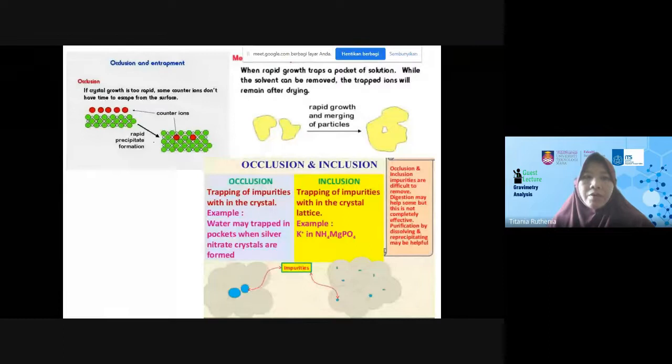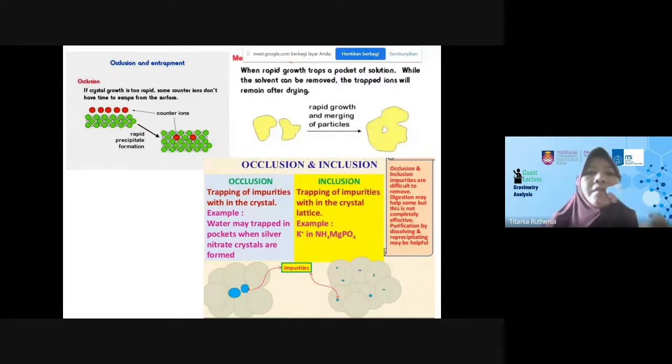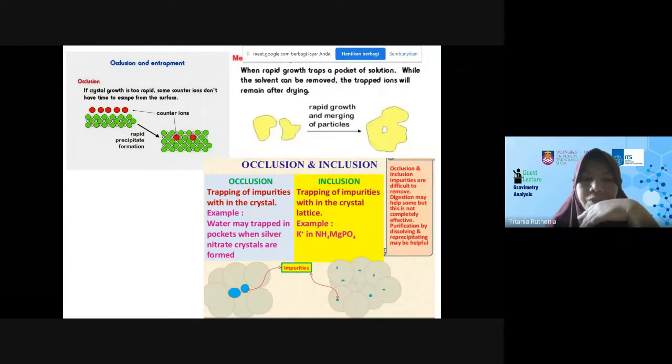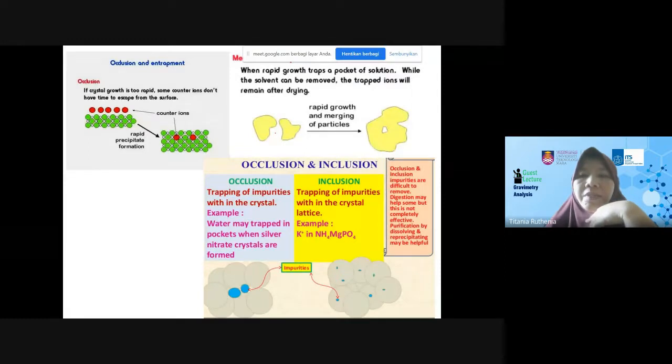This is occlusion or entrapment, when ions are trapped inside of the crystal. We can resolve this situation by reprecipitation. And this is mechanical entrapment, like when rapid growth traps a pocket of solution.